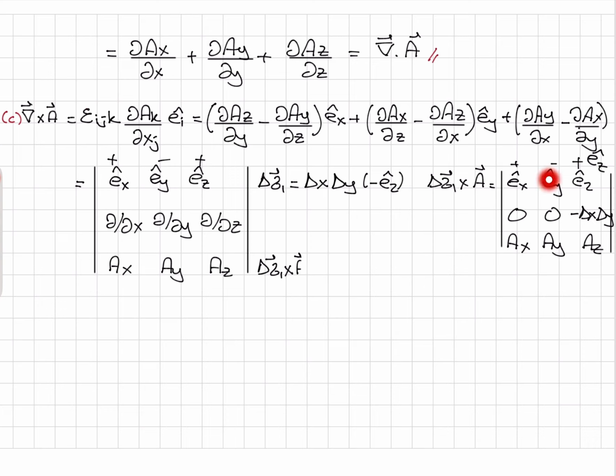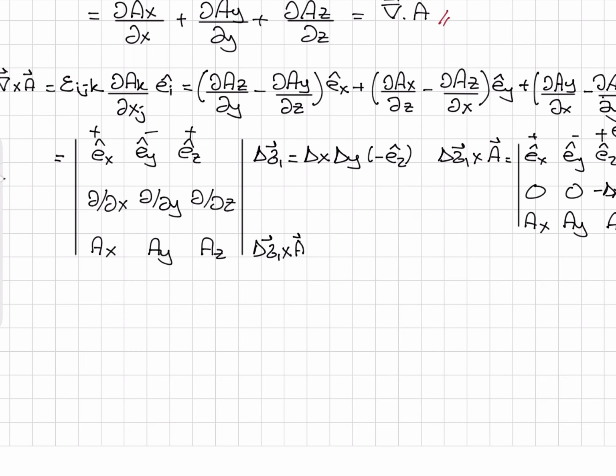Okay, so we can now write delta sigma 1 cross product with vector A. For ex hat we have 0 times az minus minus plus ay delta x delta y. So this is ay delta x delta y in ex hat direction. For ey hat we have 0 times az minus minus plus delta x delta y ax. But because of the minus sign here, we will have a minus ax delta x delta y in ey hat direction.